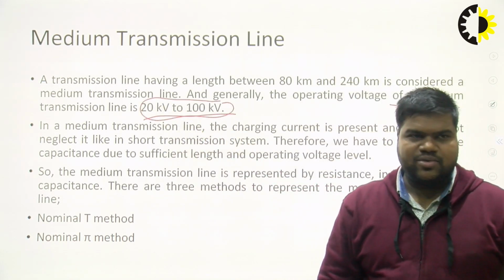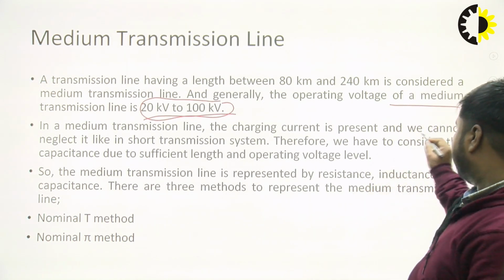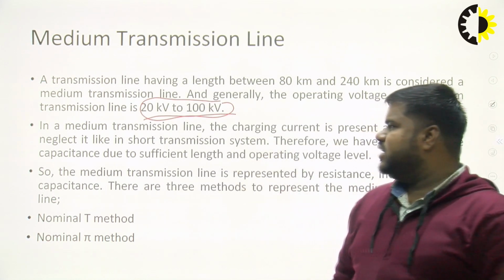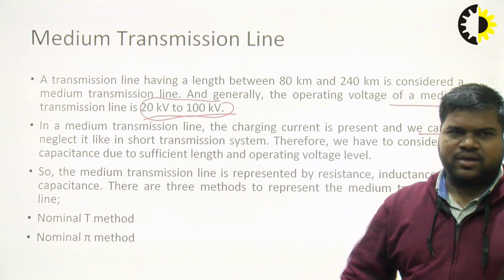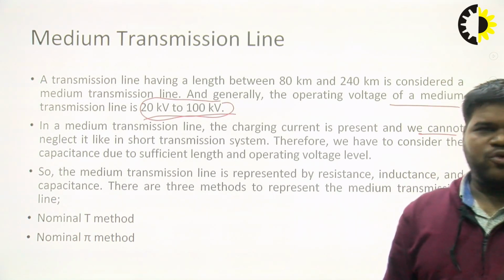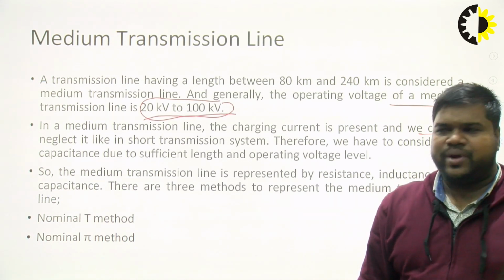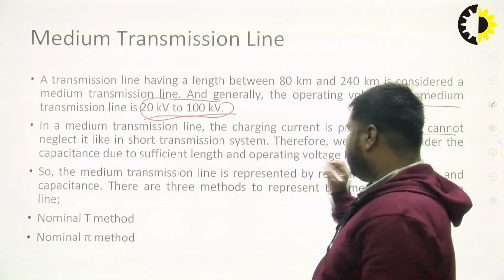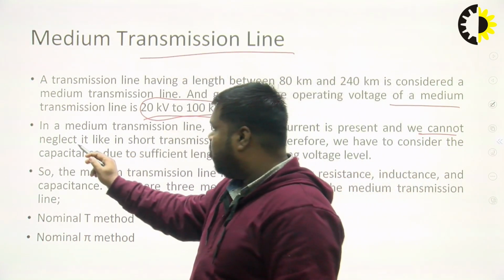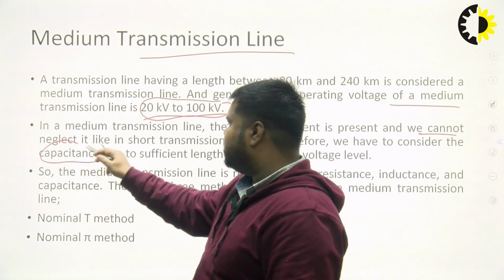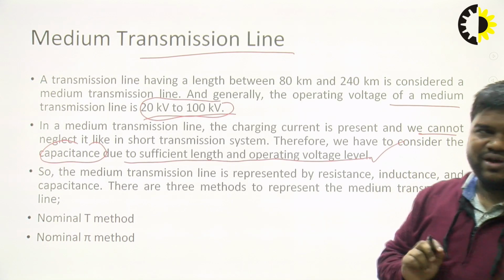In a medium transmission line, the charging current is present and we cannot neglect it as we did in the short transmission line in the previous slide. Therefore, we have to consider the capacitance due to the sufficient length and operating voltage level.